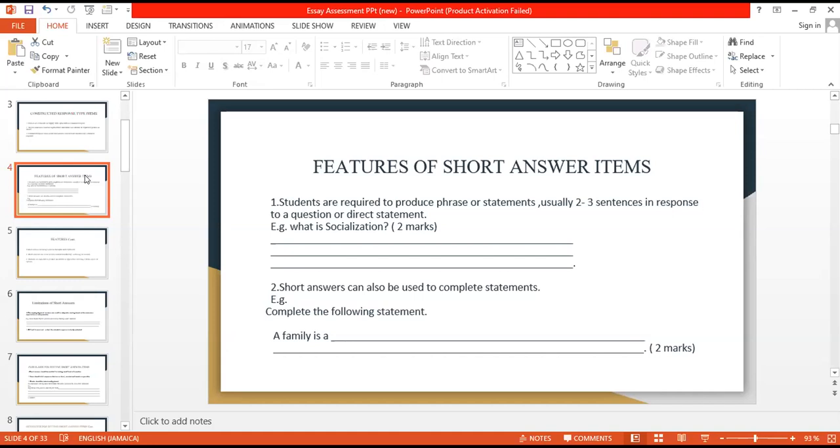So although they might have learned definitions, you can also heighten the competency level by allowing them to express themselves in their terms, in their own words, and maybe even give an example. So you might say to them, describe in your own words the following. A family is a. Describe in your own words.